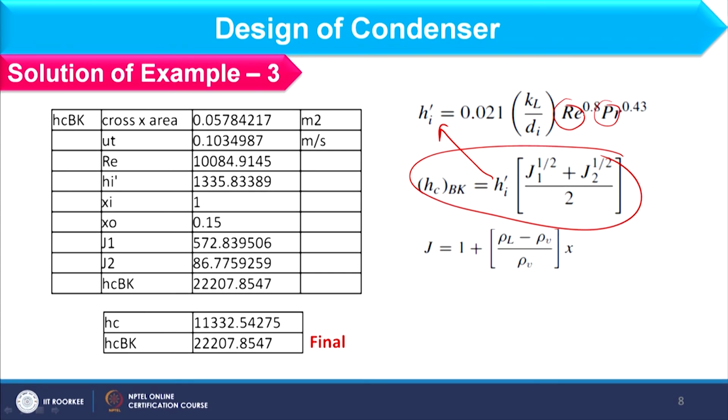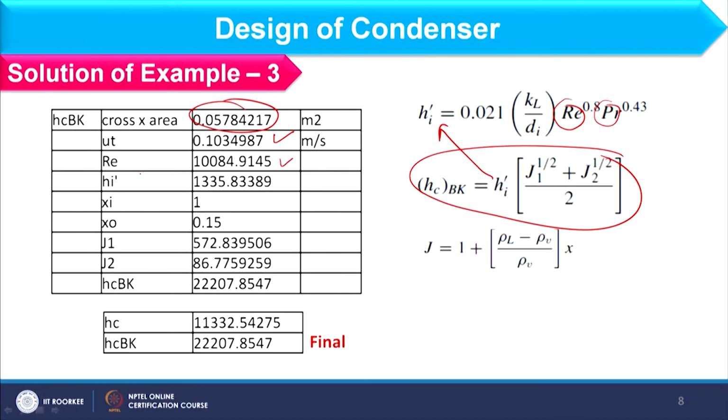The Reynolds number you can find out depending upon the cross flow area and velocity, and it comes out the same as we calculated in the last slide, and the reason is very simple because both are condensate. So, I can find out the HI dash value considering this expression, and it comes as 1335.834 watt per meter square degree Celsius.